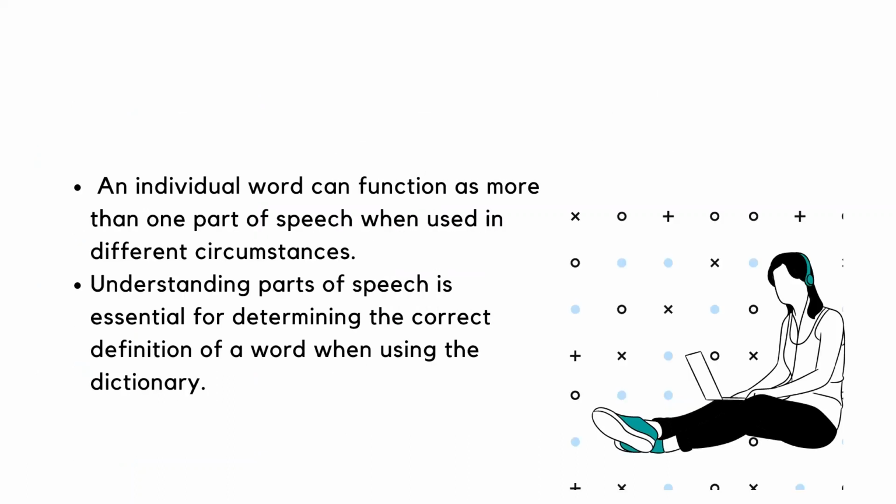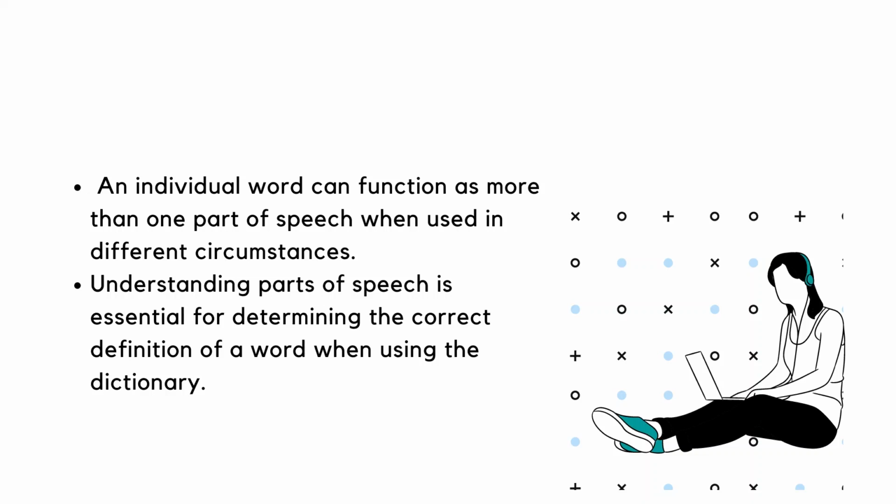An individual word can function as more than one part of speech when used in different circumstances. This sentence will be understood by you when we will see the parts of speech in more depth.